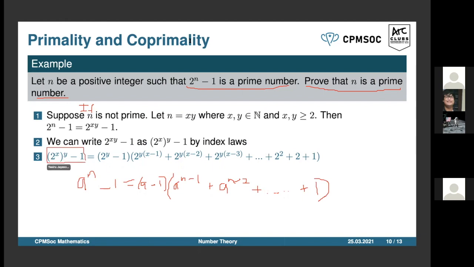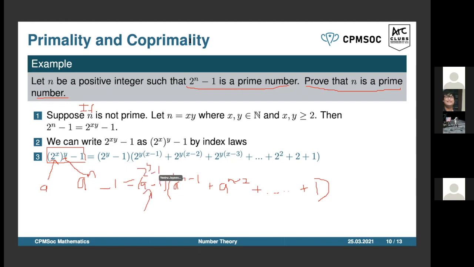So we're going to make a equal to 2 to the x, and we're going to replace this n over here with a y. So if we do that, this a minus 1 over here will just be 2 to the y minus 1.